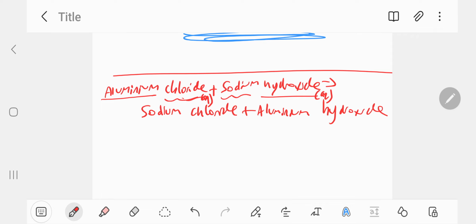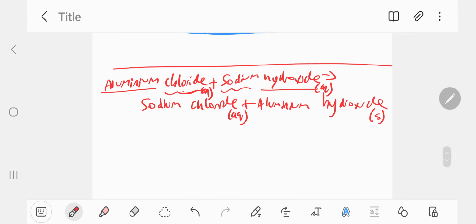From intuition, you would know that sodium chloride is table salt, and table salt is soluble. It dissolves in water. So therefore, the aluminium hydroxide is the precipitate. And from the solubility rules, sodium is also soluble. It's a group 1 element.